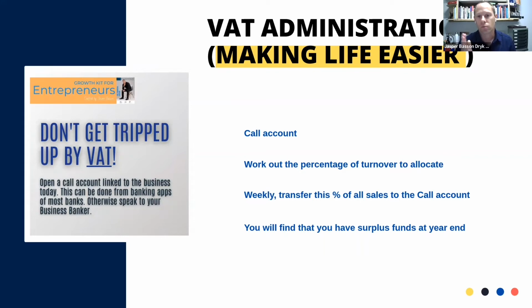So either take a Friday and take that VAT for the whole month or for the whole week, from Monday to Friday, and you take the VAT on that lump sum. You basically take that lump sum that you get into the bank times 15, divide by 115, and you take that amount and you put it into your call account.